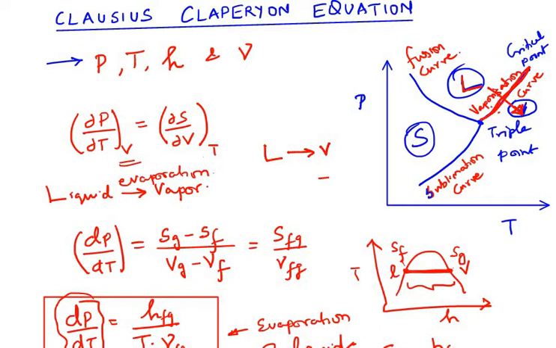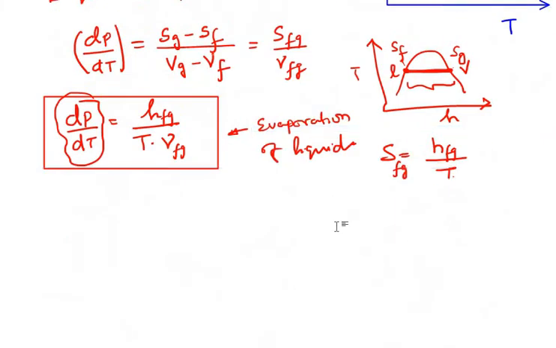The slope formula is dy/dx. Here instead of y I have P and instead of x I have temperature, so I can write dP/dT. So the slope of the vaporization curve is dP/dT, which is equal to hfg divided by T times Vfg.